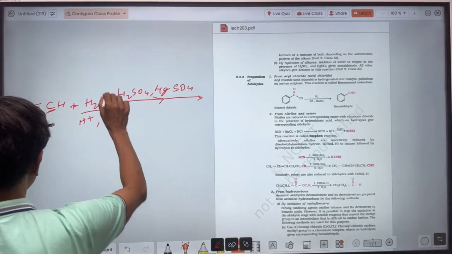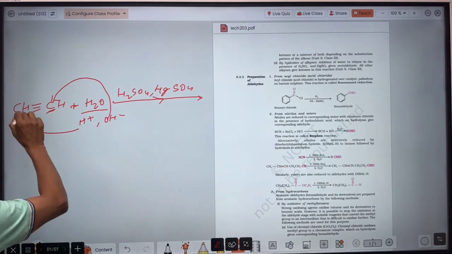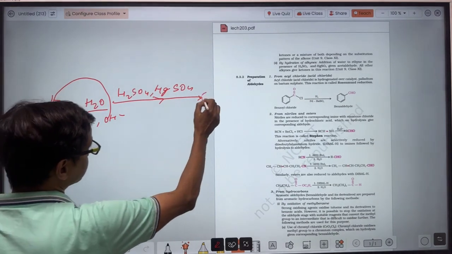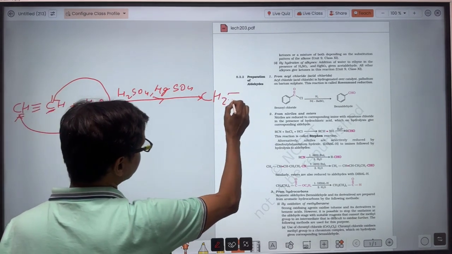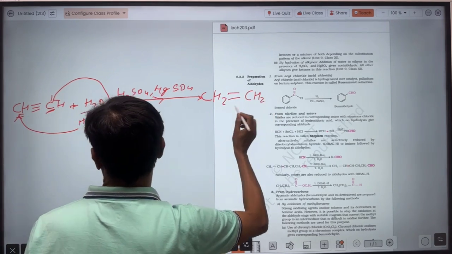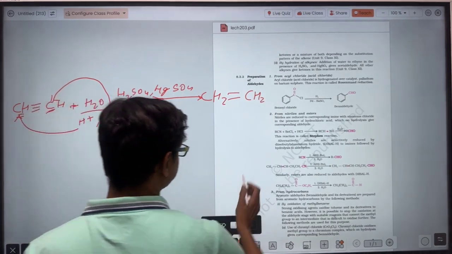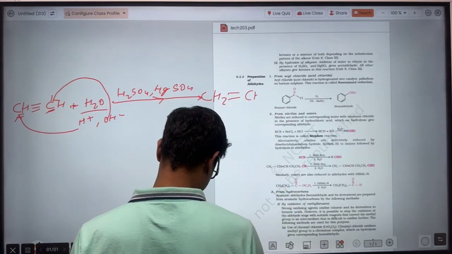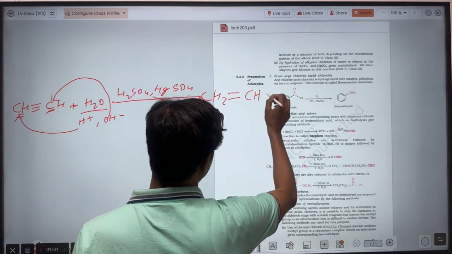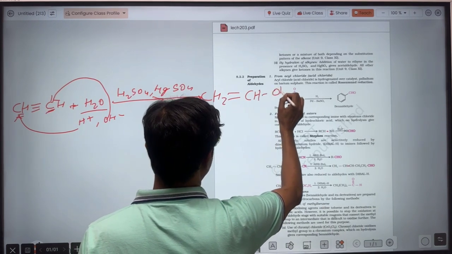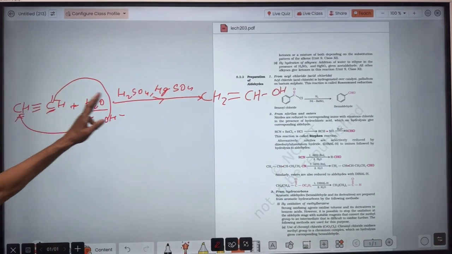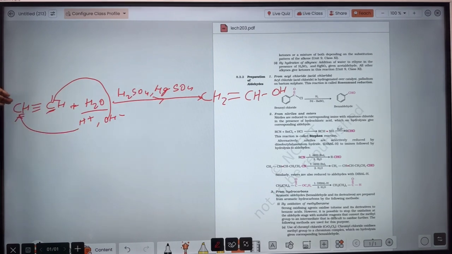Suppose OH is attached to this carbon and hydrogen to this carbon. Then the compound becomes CH2, with the triple bond converted into a double bond, CHOH.